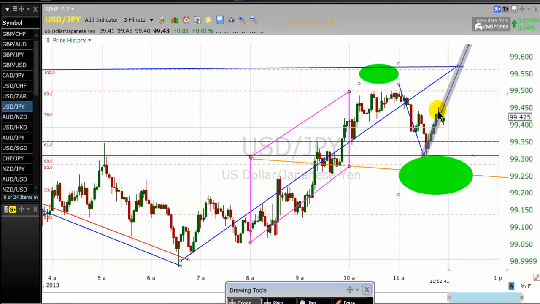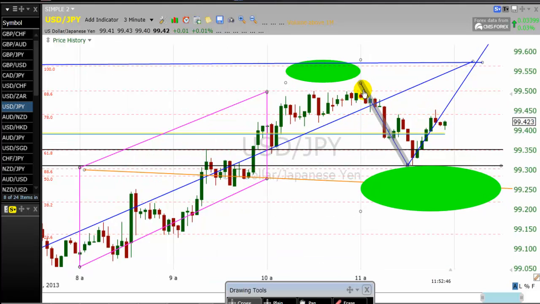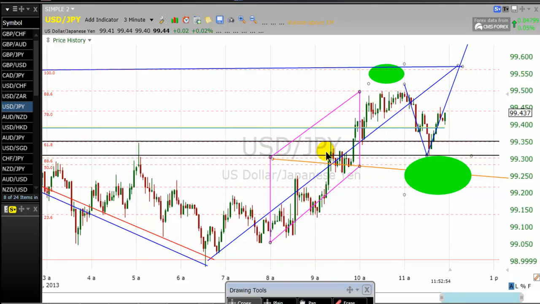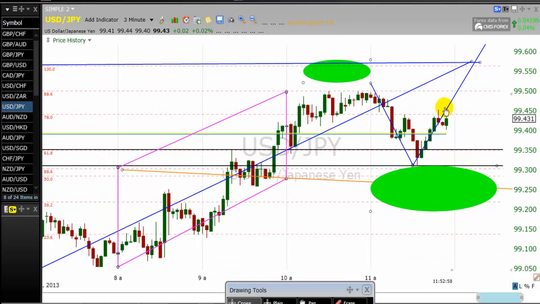As you can see, some of these are alien wave traders counting away. They will say 1, 2, and they will prefer to sell it down again to complete the third move because of the minimum three waves principle. But that's not the point of this video, so I just want you to be aware of it.